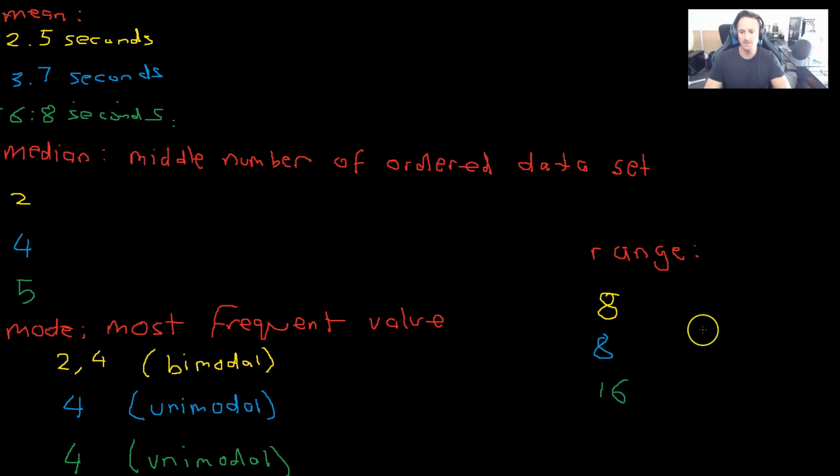The range of the data, dataset 1 and 2 is the same, they have the same range. Dataset 3 has a significantly different range, or a very different range. It is twice as high as dataset 1 and 2. So the spread of data in dataset 3 is much greater than dataset 1 and 2.